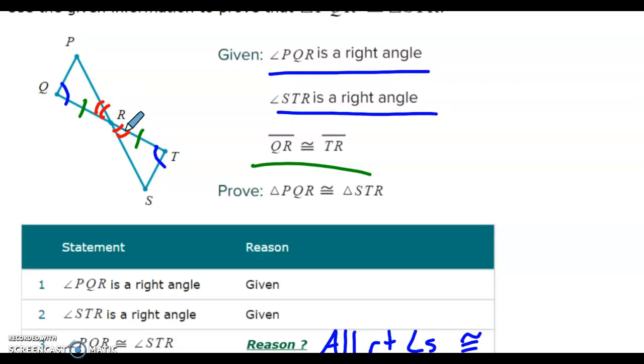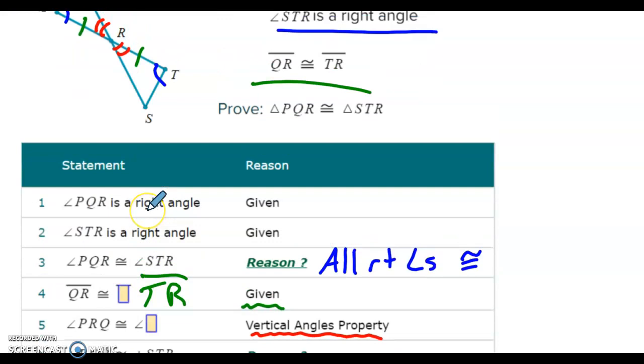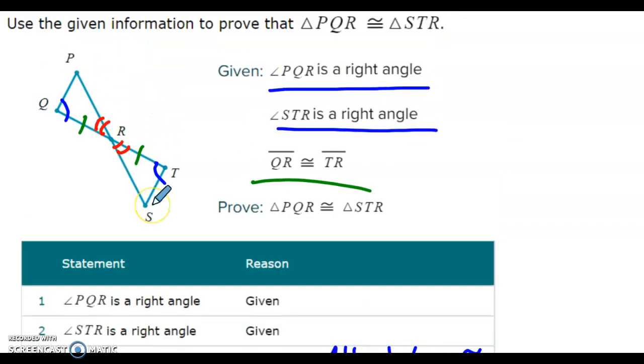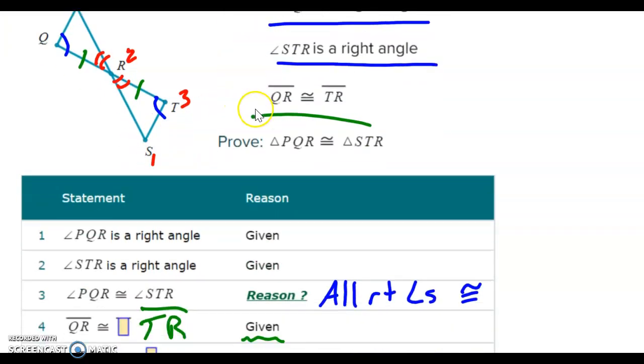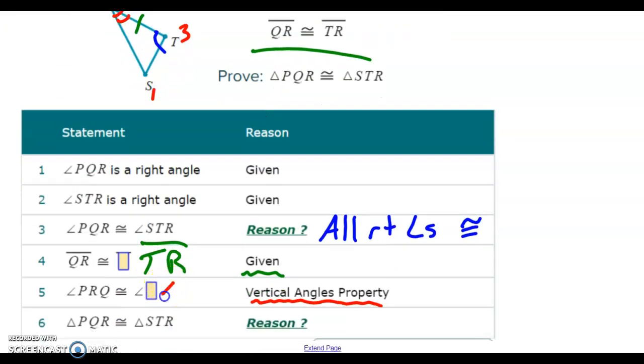And you're looking at those two spots, naming that second angle. Remember, we have to try and keep that in the same order. So P lines up with S, and then R, and then T. So remember, we have to name those angles with their corresponding parts. So angle SRT would be the angle that PRQ is congruent to.